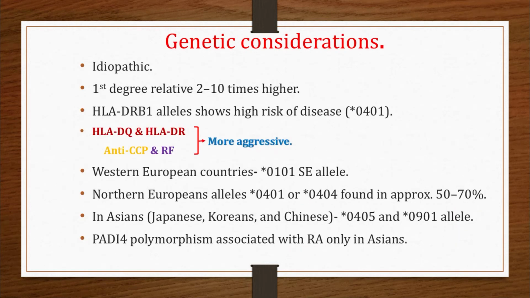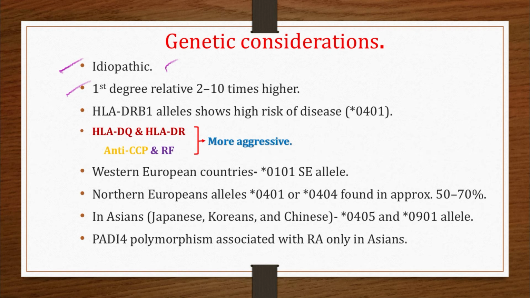Let's talk about the etiology and genetic considerations. The etiology of rheumatoid arthritis is unknown, idiopathic, because we doctors are idiots. Sometimes we cannot find out the pathology and then we name it idiopathic, right? Also, some genetic makeup plays an important role in the development of disease.